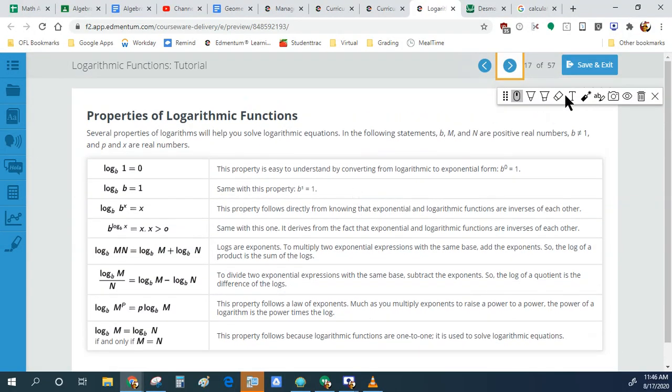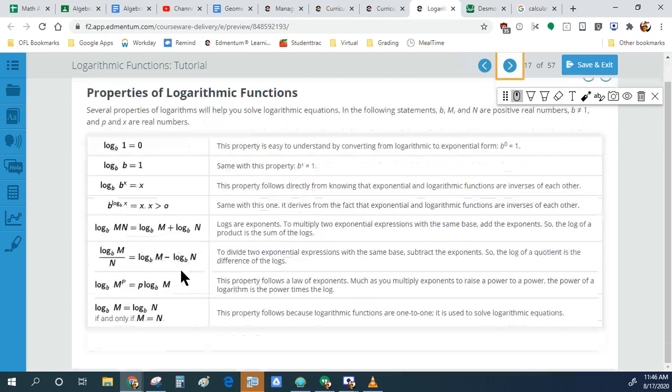When you get to this slide, I really want you to write these rules down. This is a big part about logs. Basically, if you're multiplying an argument, it's the same thing as doing the same log with the same base, but adding them individually. So let's say I had log base 3 of 9.